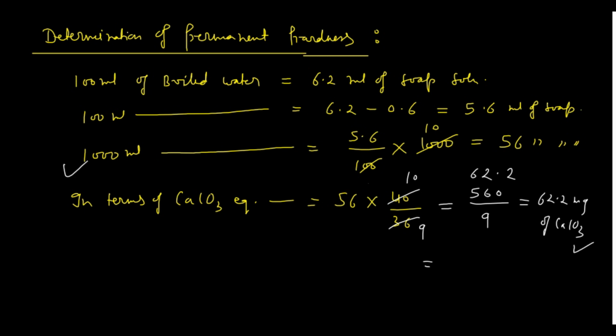So your answer is 62.2 milligram per liter or 62.2 ppm. This is your permanent hardness, right?